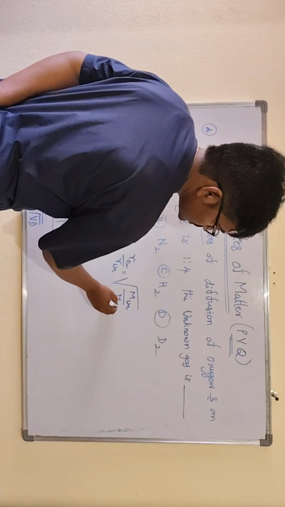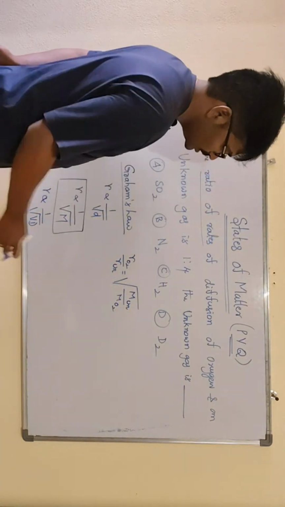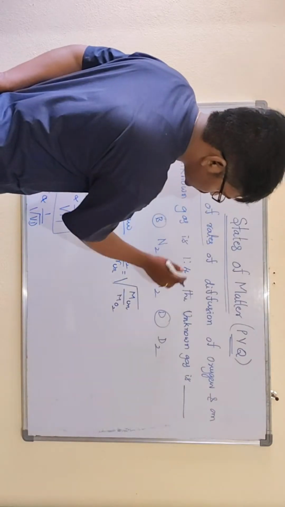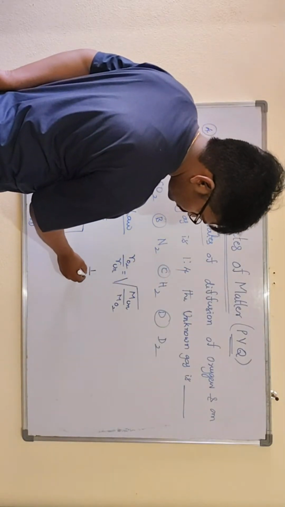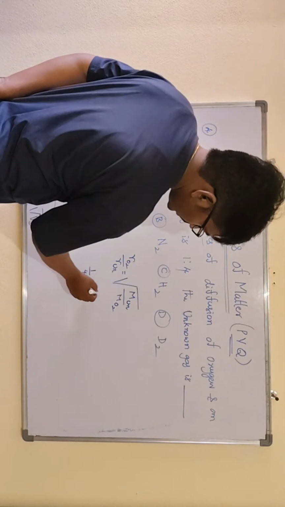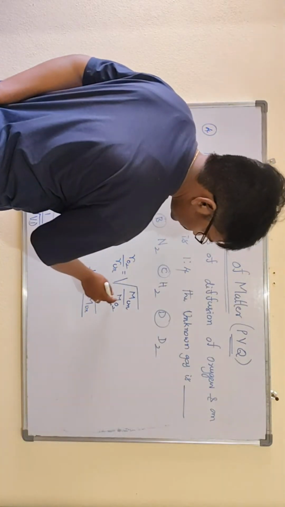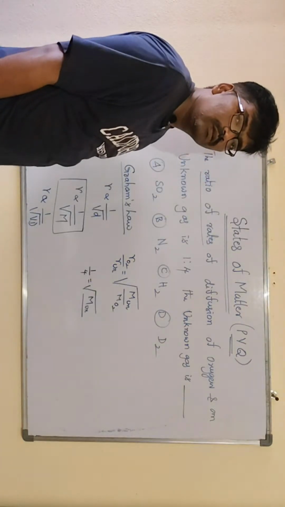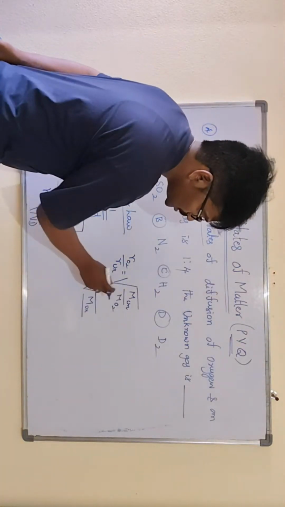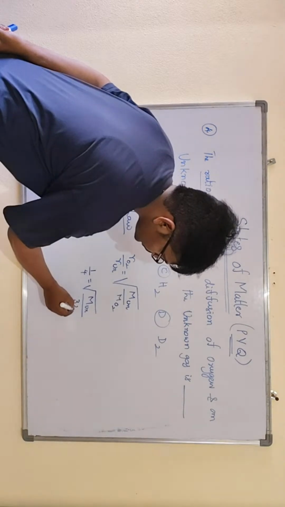This is the molar mass of oxygen, right? The ratio is given 1:4. So 1 divided by 4 equals square root of molar mass of unknown gas divided by molar mass of O2. How much? Oxygen is 16 plus 16, 32.